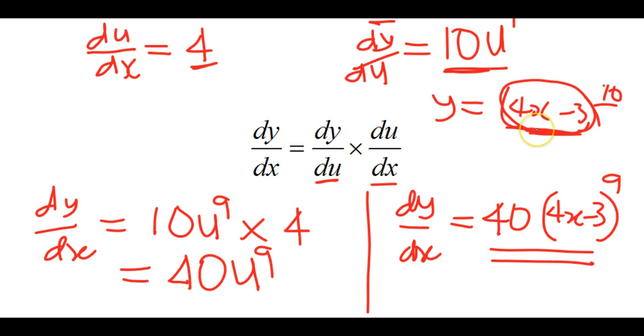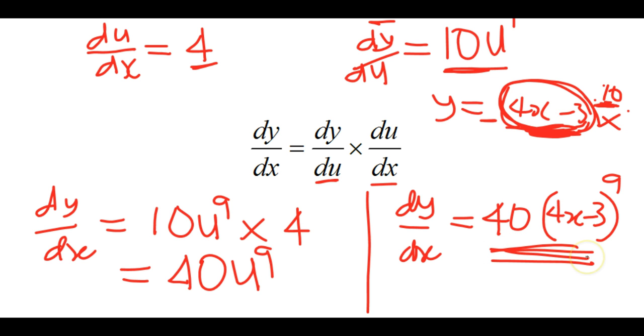Then we differentiate what is inside, which also gives us 4. And so we can avoid the formula by just holding this as a unit entity and differentiating with the power rule: 10 will multiply this, and then you subtract 1 to get the power, then times, you differentiate inside and multiply by it, and that will give you the answer as we have over here.